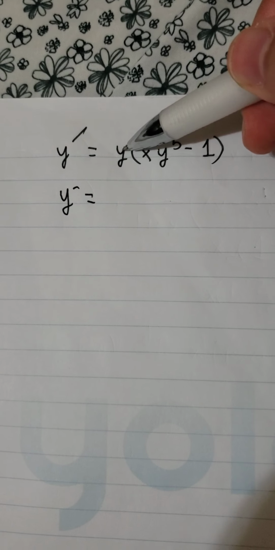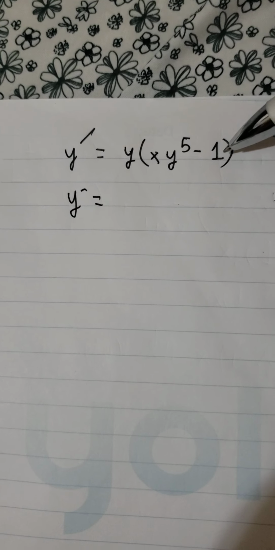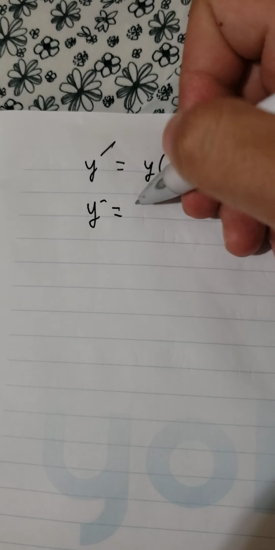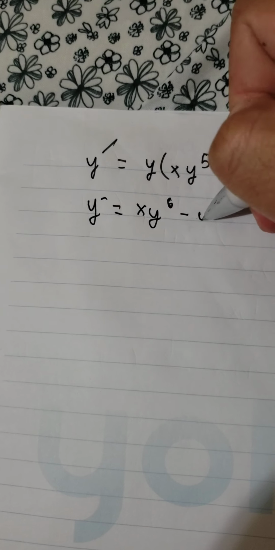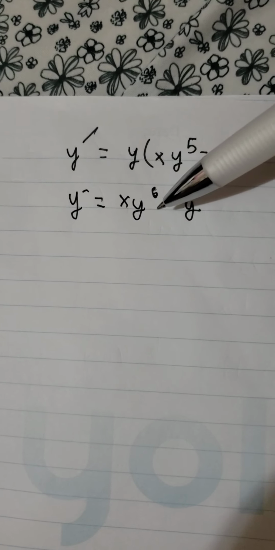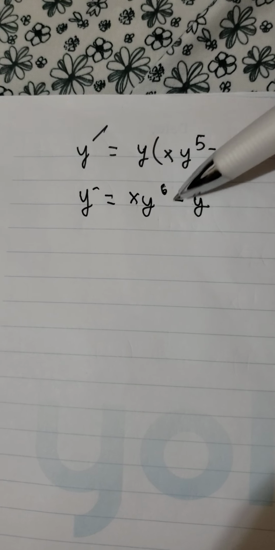The first thing: y' multiplied by... y to the power of 5, and number 1 in here. Later we divide both sides by y to the power of 6.